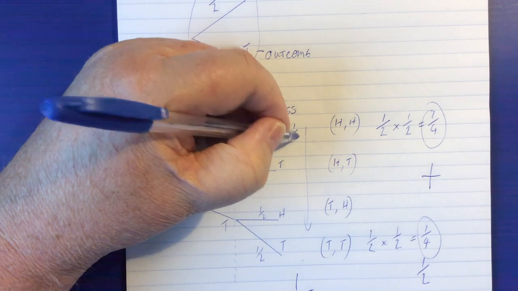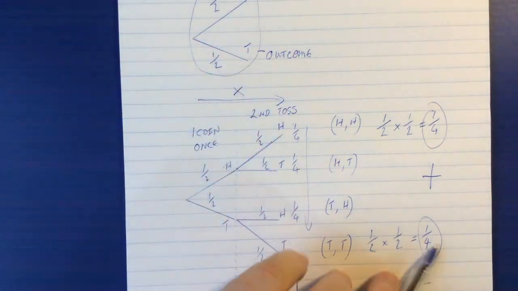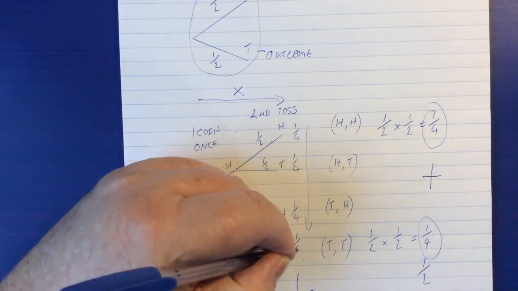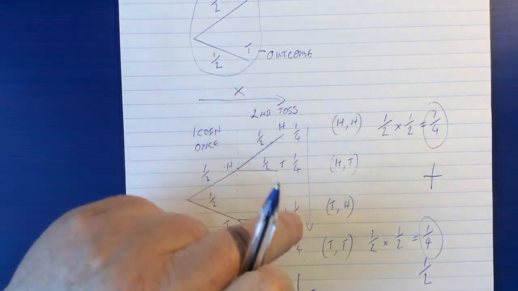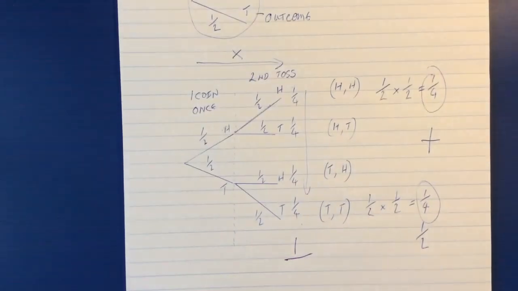And we can see here that that will be 1/4, 1/4, 1/4, and 1/4, and 1/4 plus 1/4 plus 1/4 plus 1/4 equals 1. That is correct.